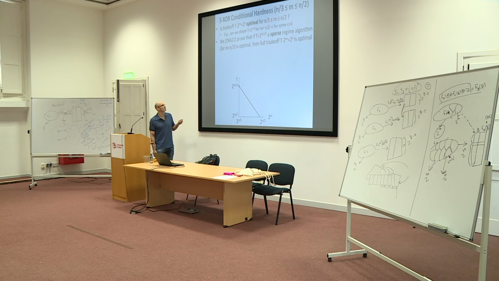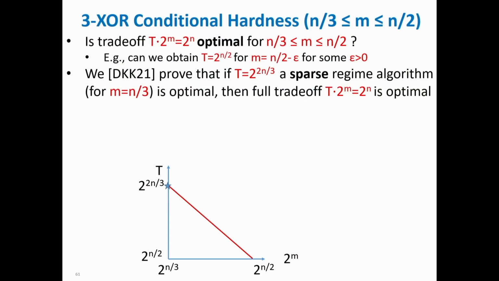If for the sparse regime, meaning that m equals n over 3, where we have a single solution on average, this basic algorithm that obtains time complexity of 2 to the 2n over 3 is optimal, then the entire curve here is optimal. You cannot go below this curve.